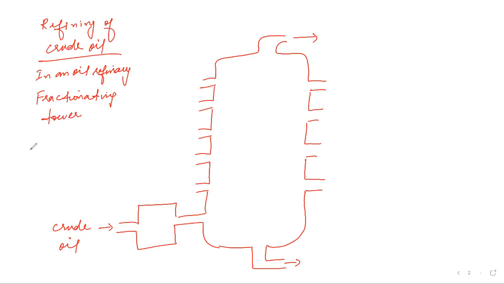Crude oil is first introduced in an electric furnace, where it is heated to approximately 400 degrees Celsius.